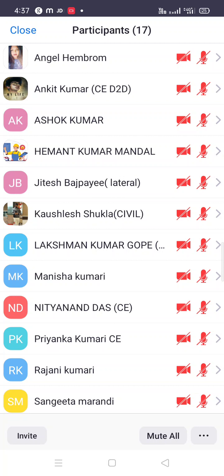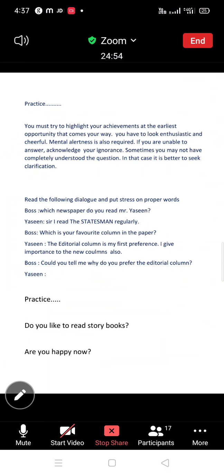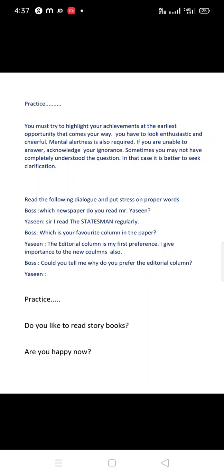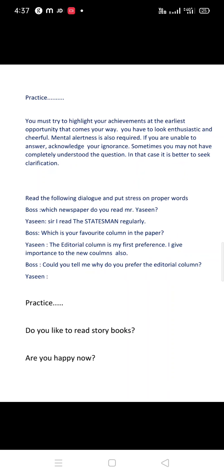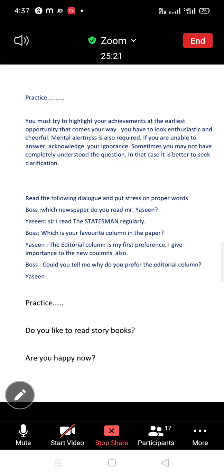Okay. Costless and Laxman is there. So suppose Costless is boss and Laxman is Yasin. Now you have to read this dialogue and you have to put stress on proper words. Are you ready, both of you?